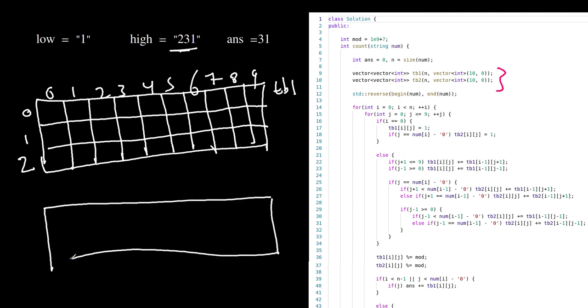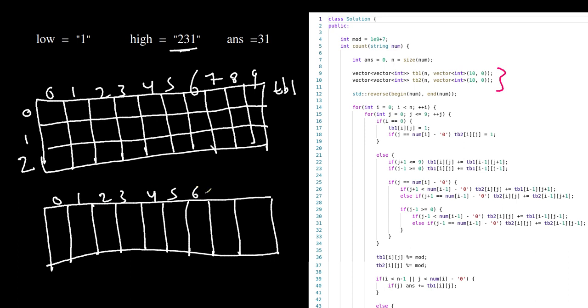The same for TB2. We have 10 columns from 0 to 9, and all the values initially are 0, and we have 3 rows.